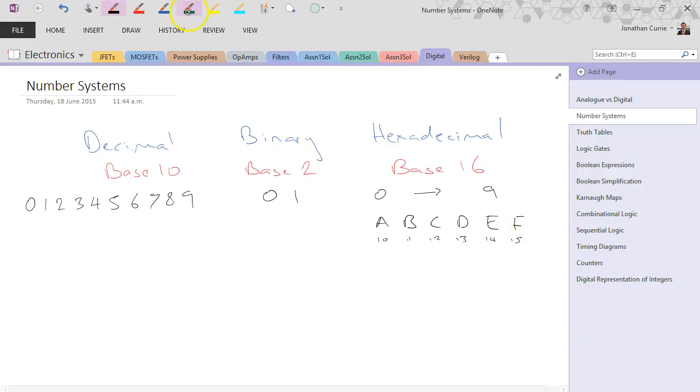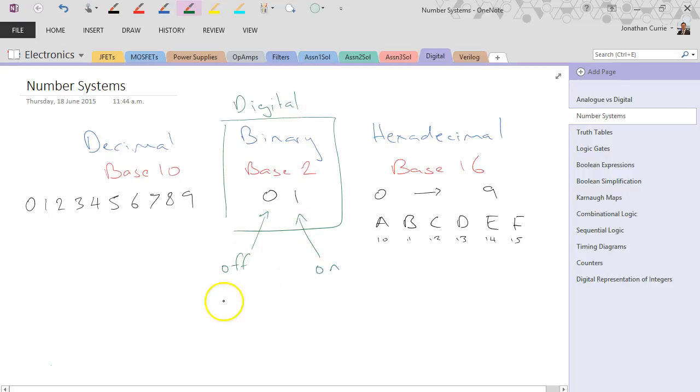Now the one that's most interesting to us in digital is binary, and the reason for that is the two states look like off and on, or 0 volts, 5 volts, 3.3 volts, etc. Right, so in an electronic system where we want to still be able to use numbers, binary is actually a much more convenient way of representing numbers.